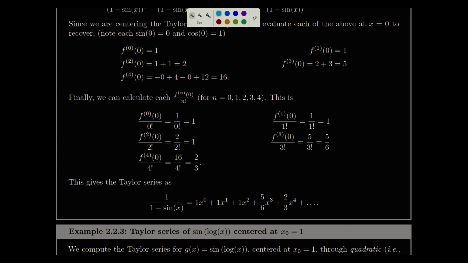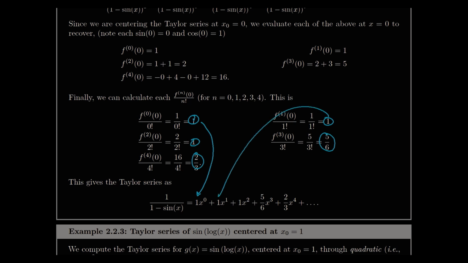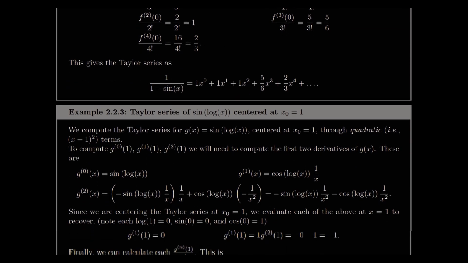When you evaluate those, we end up with 1, 1, 1, 5/6, and 2/3 as the coefficients in my Taylor series. So that's the expansion up to quartic terms for 1 divided by 1 minus sine x.